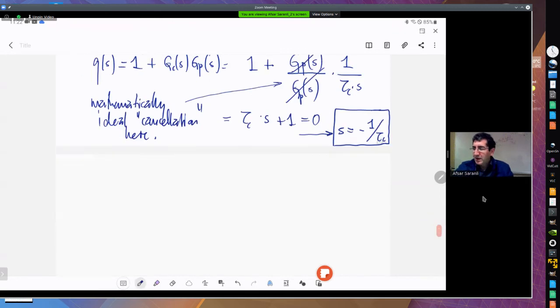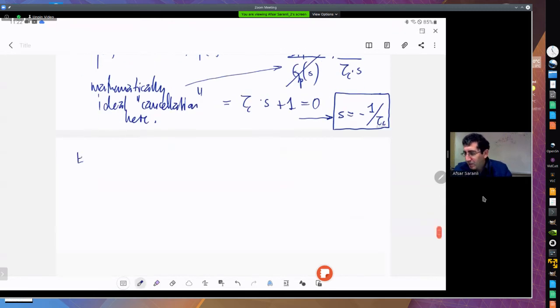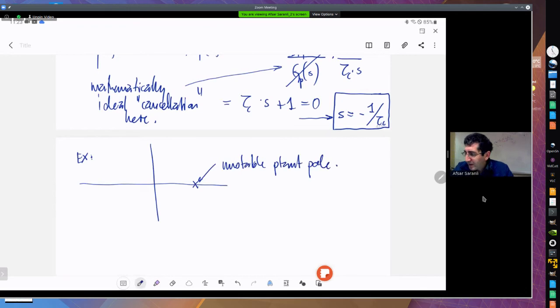Okay, so it's like this, right? Example. So here is an unstable plant pole. Okay, so the zero here, that's a failed cancellation. So immediately you will have root locus squeezed here, right?